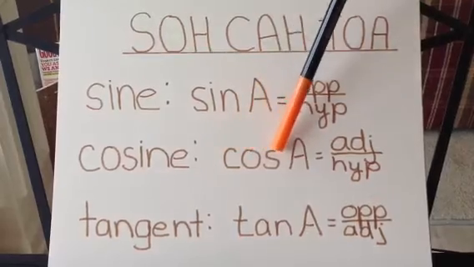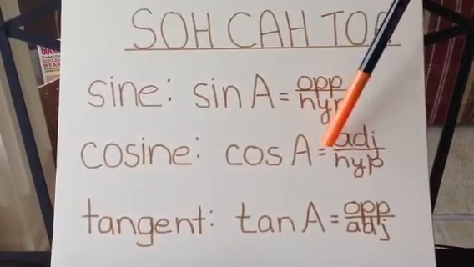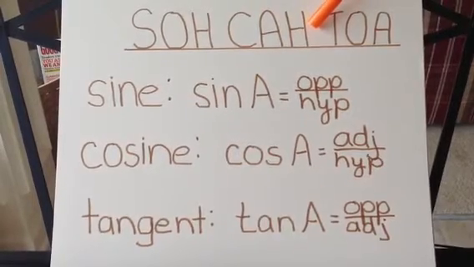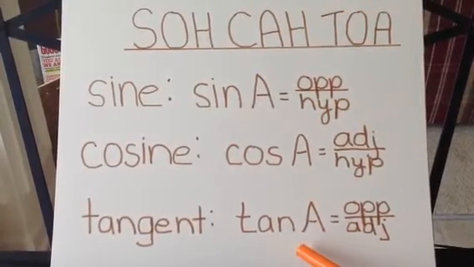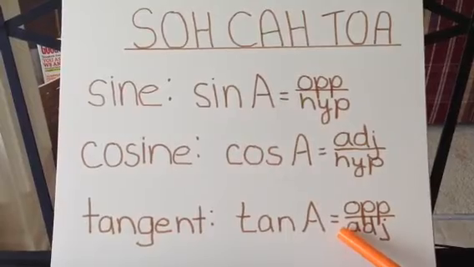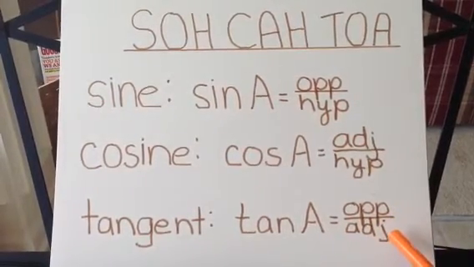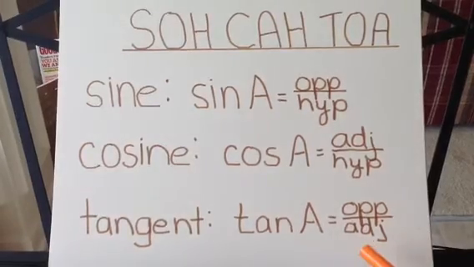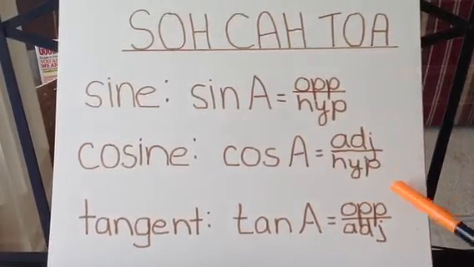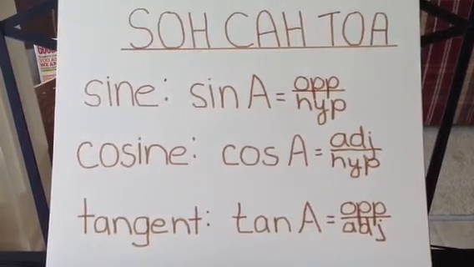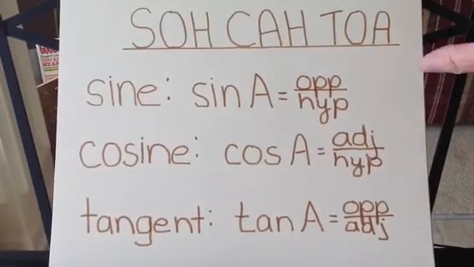The cosine of an angle is the adjacent over the hypotenuse. And the tangent of an angle is made up of the ratio of the opposite side over the length of the adjacent side. So trig functions, their values are ratios of one side of a triangle to another.